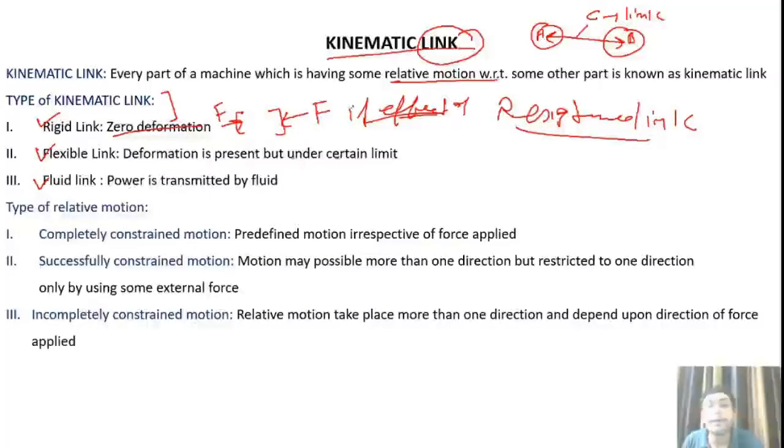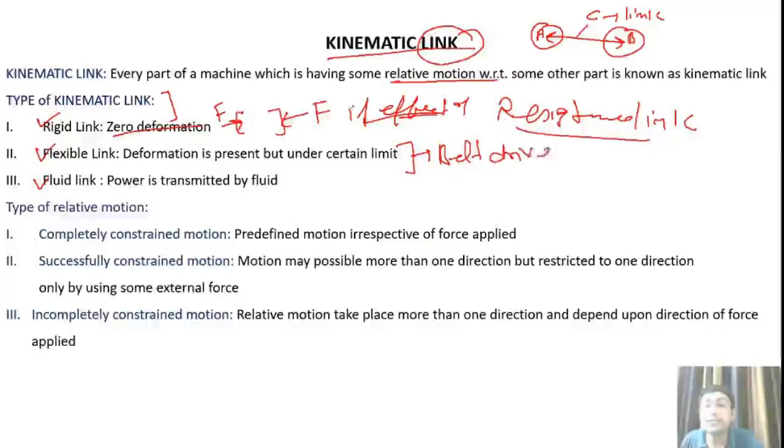Flexible link: deformation is present but under a certain limit. Deformation is there, but it is not so high that the link is unable to transfer the motion. For example, a belt drive.